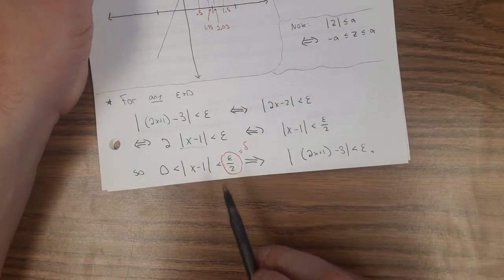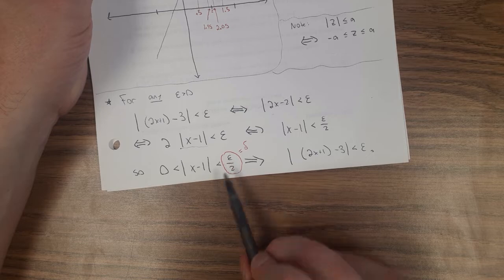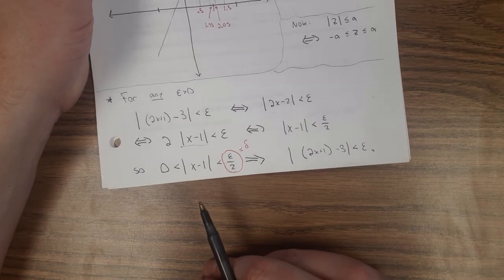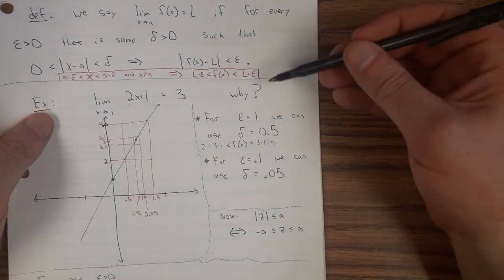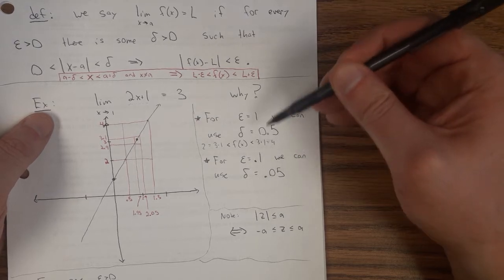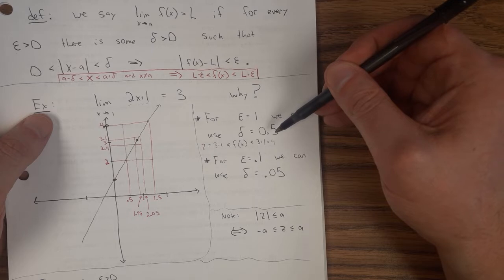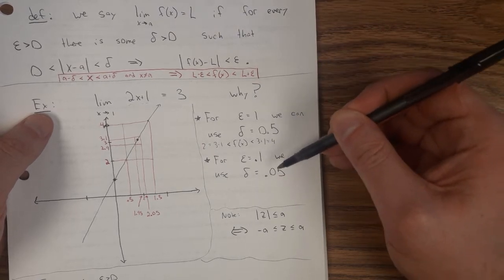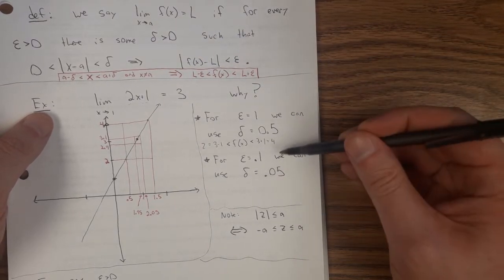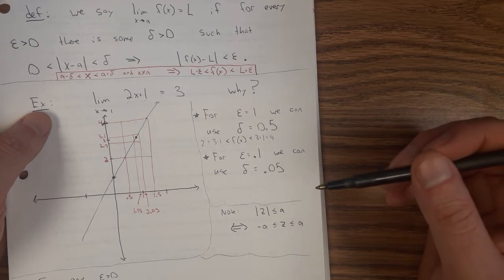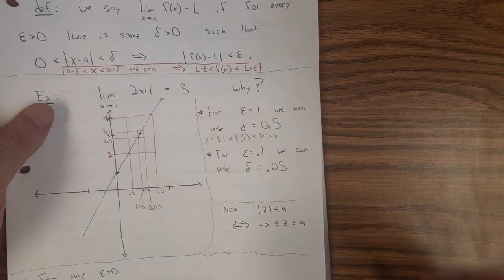In other words, this is saying that for delta, you can always just use epsilon over 2. And hey, look at what we did a minute ago. That's exactly what we did. For epsilon equals 1, we used 0.5. For 0.1, we used 0.05. Delta was half of epsilon in both cases.